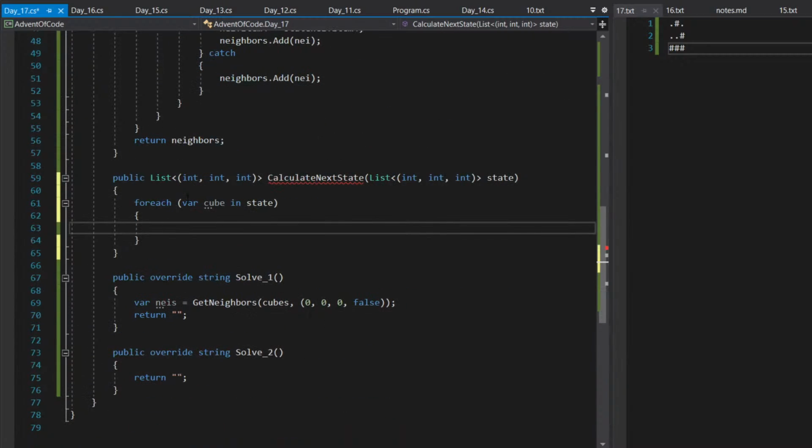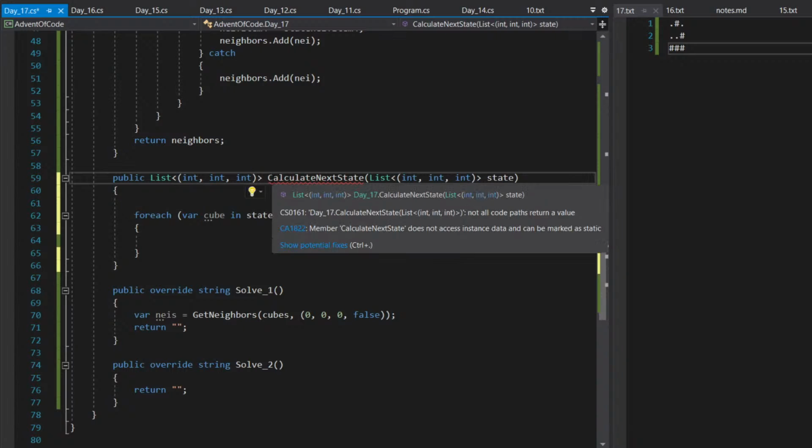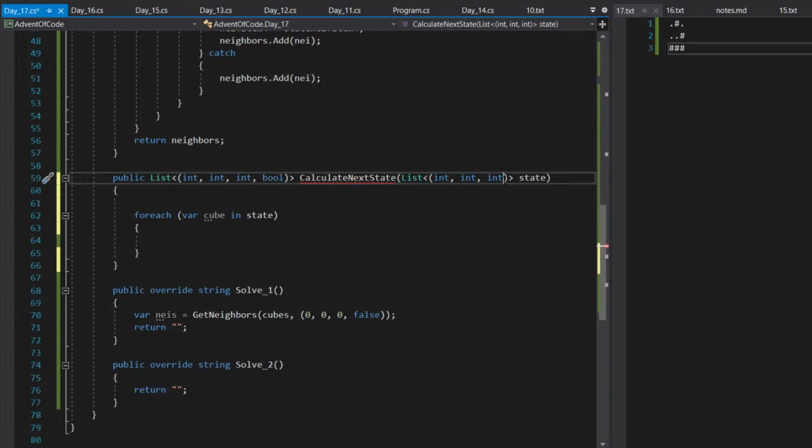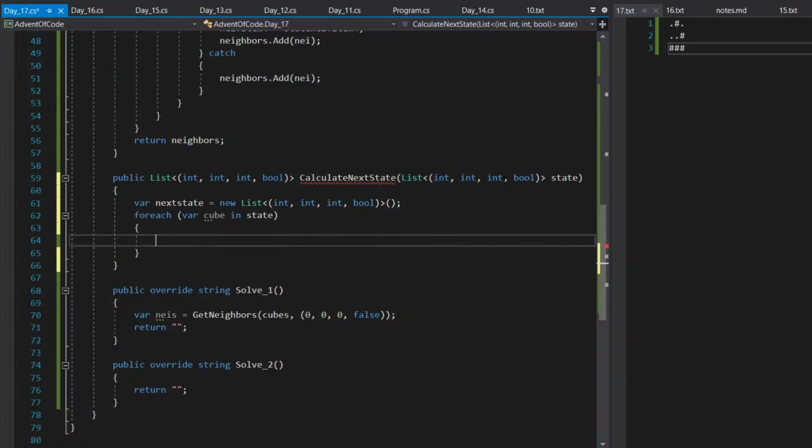Oh, actually, no, that's fine. All right, let's see. Oh, I need to change this to give it an extra field here. Next state equals list. For each cube in state, let's say get neighbors for cube.